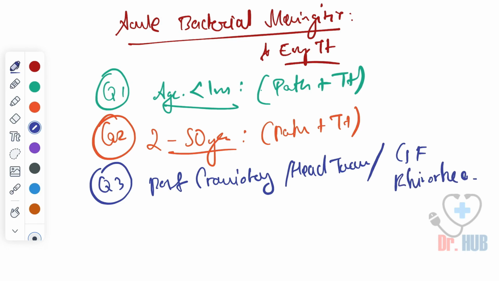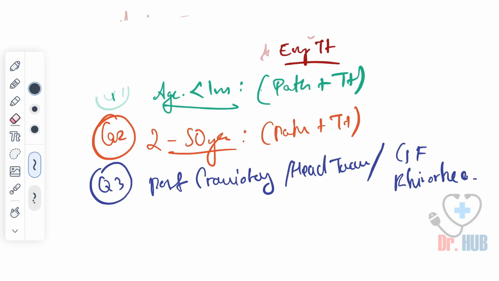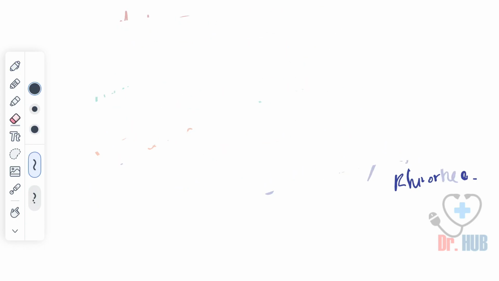In such cases, what are the pathogens and the therapy? In this video, we'll find the answers to all these questions and learn a lot more. So to begin with, we look at the age group that is less than 1 month.